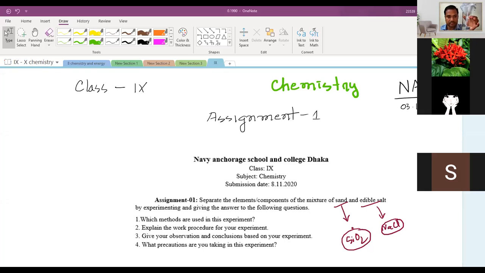It takes time. The sand is already blocked at the tissue paper, but the water has become filtered.